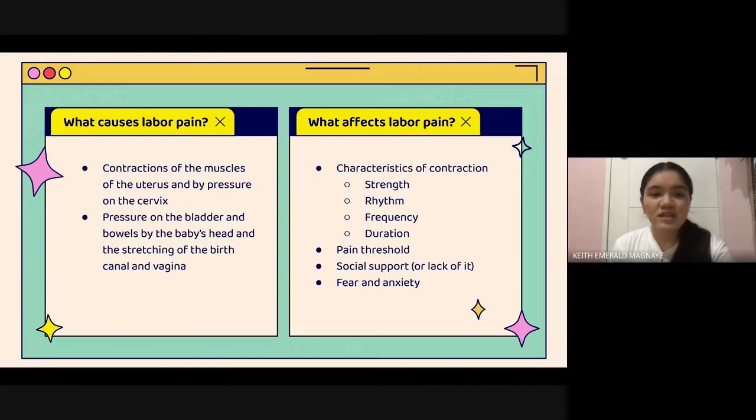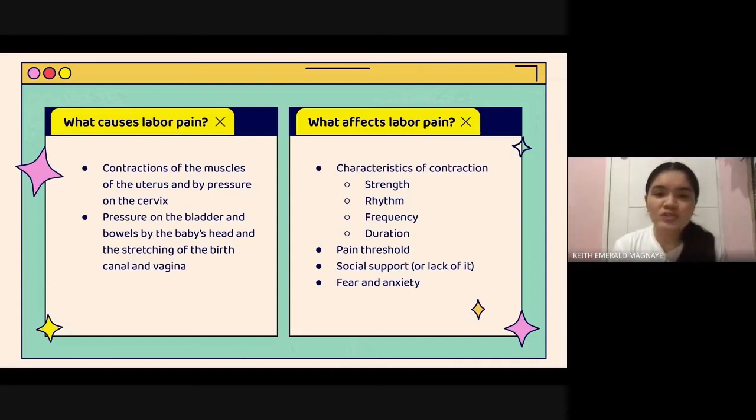But for now, let's talk about the effects or what affects labor pain. So, the first one is characteristics of contraction, which includes strength, rhythm, frequency, and duration.